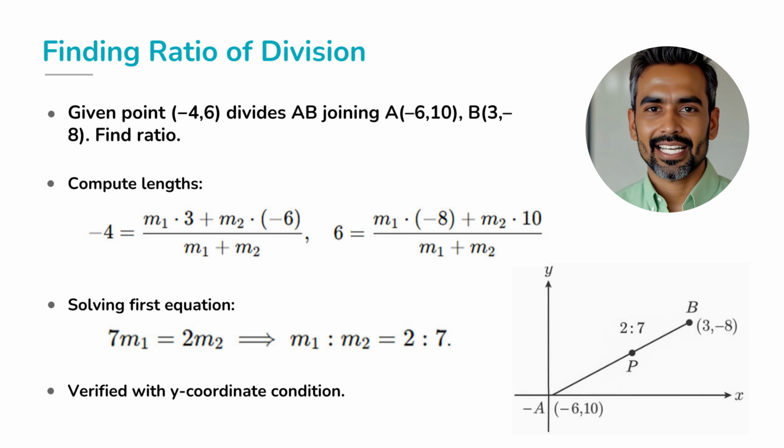For the x-coordinate, -4 equals m1 times 3 plus m2 times -6 over m1 plus m2. Solving carefully, we get 7 m1 equals 2 m2, so the ratio is 2:7. It's like sharing a pizza unevenly, 2 slices to one friend and 7 slices to another. And yes, if we check with the y-coordinate, the math agrees perfectly.